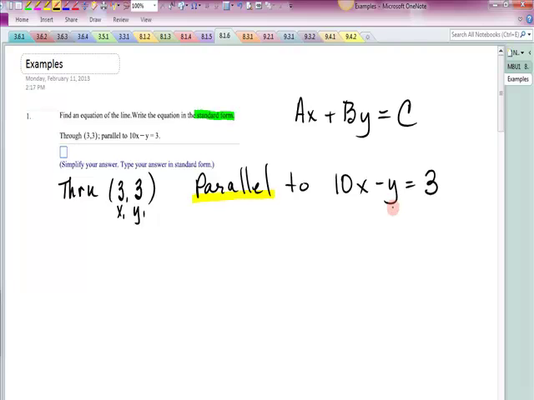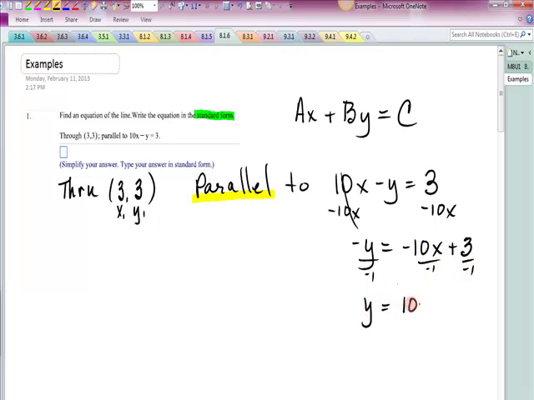So let's get this in slope-intercept form. Let's solve it for y. I'm going to subtract 10x from both sides. That gives me negative y is equal to negative 10x plus 3. Divide everything by negative 1. And I have y is equal to, negative over negative is positive, 10x minus 3.